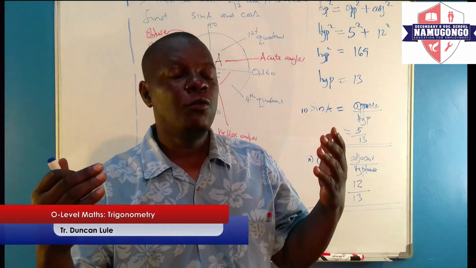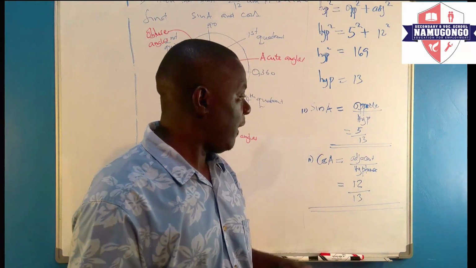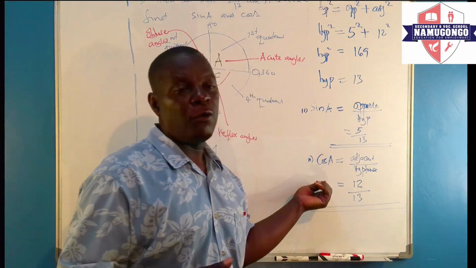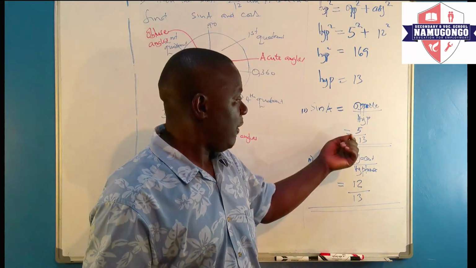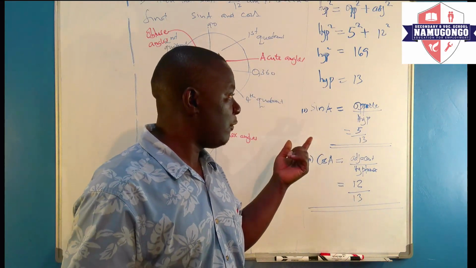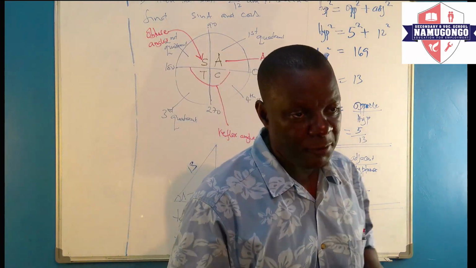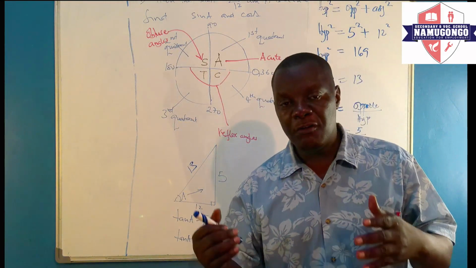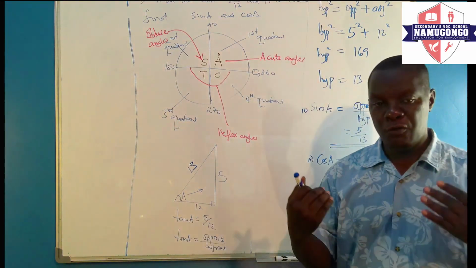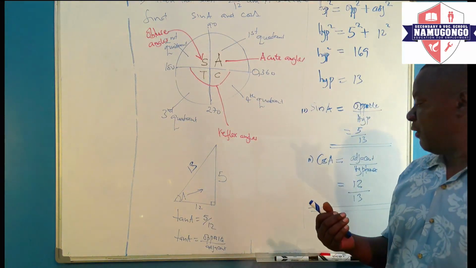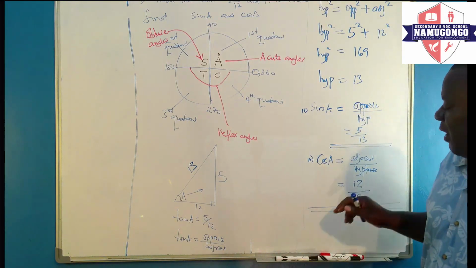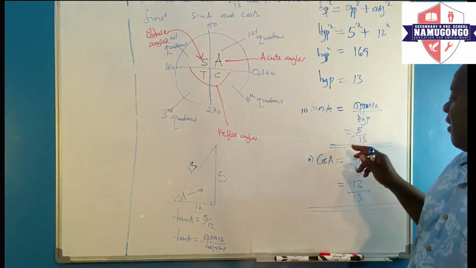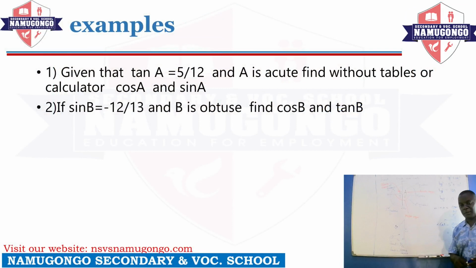So 12 out of 13 is the ratio for cosine of A. 5 out of 13 is for sine of A. All these ratios have no units. That's why you see I'm leaving them as 12 out of 13, 5 out of 13.